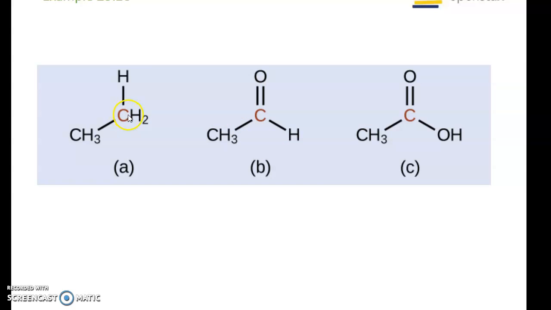Right? So starting from this one, you'd end up with this. Now, if you oxidize it further, you get a carboxylic acid. So if you go from this aldehyde and oxidize it further, you get an acid, a carboxylic acid.